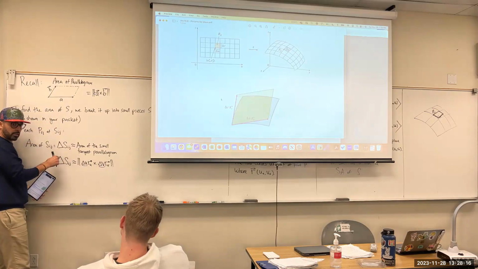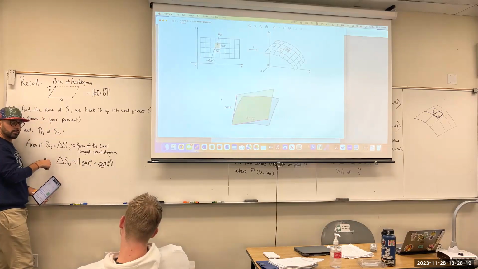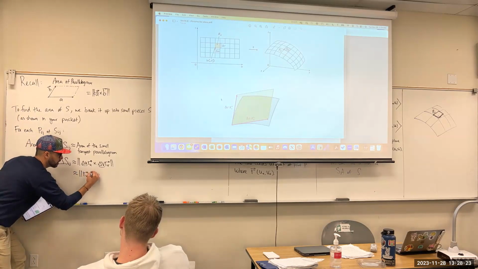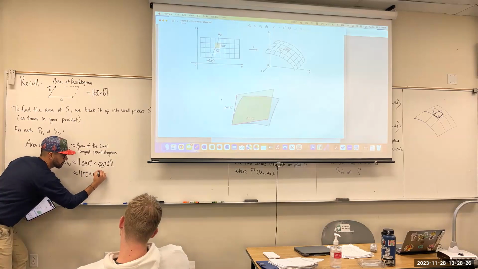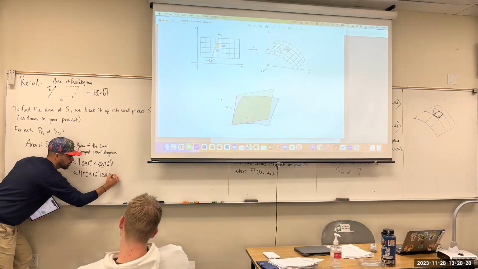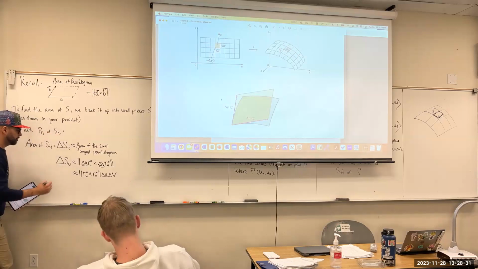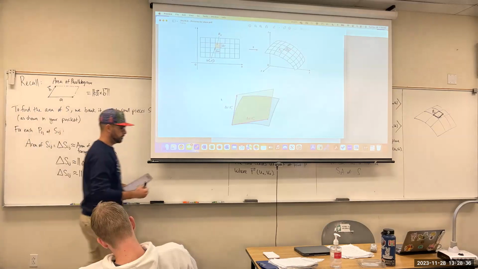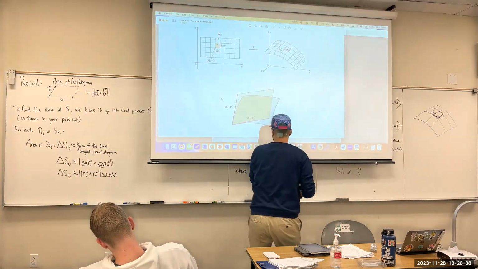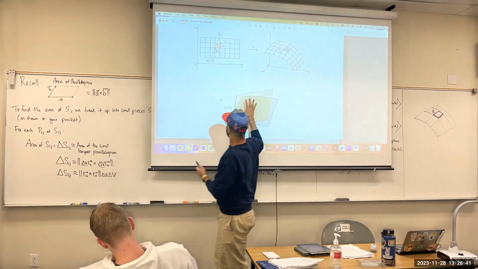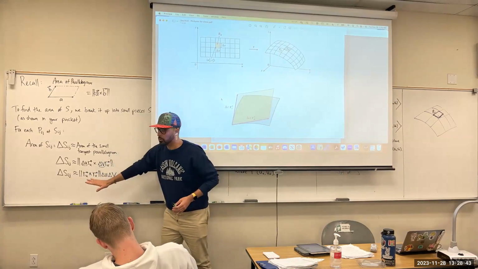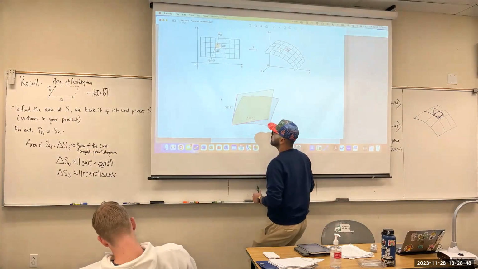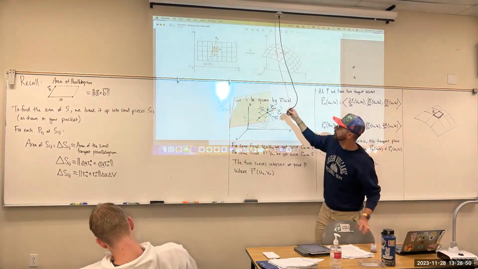So I factor out the scalar, but then I also factor out the other scalar, which ends up giving me the product of those guys, delta U, delta V. So this area of Sij will be approximately equal to this value here, which is supposed to represent the area of the small tangent parallelogram.